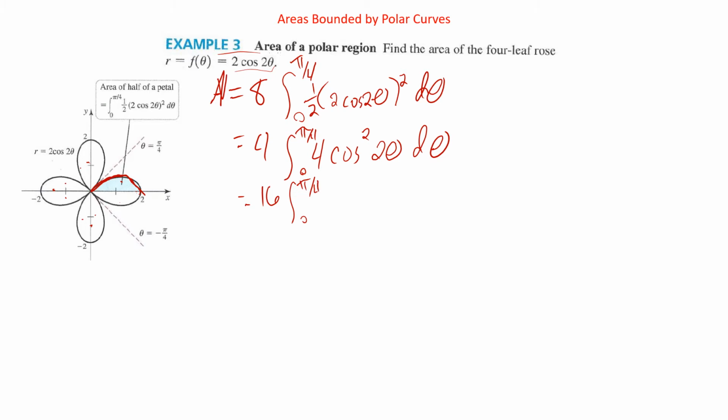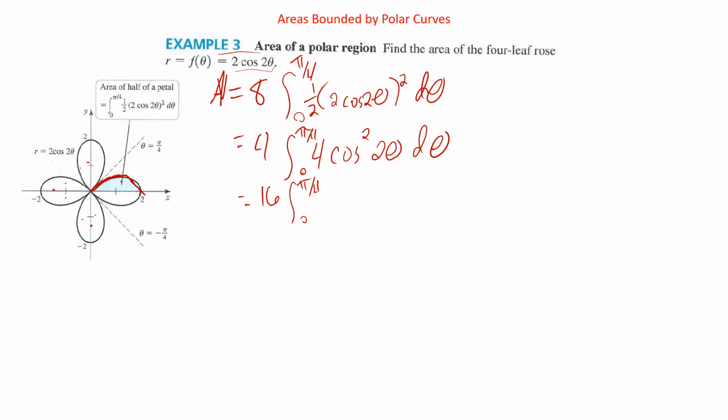of cosine squared of 2 theta, which we can use some of our trig properties. Cosine squared of theta is going to be 1 plus cosine of 2 theta over 2.